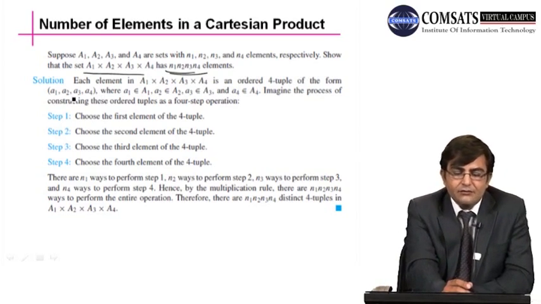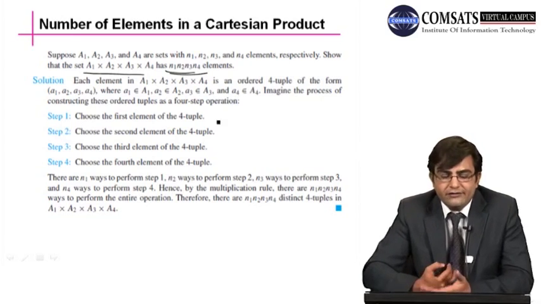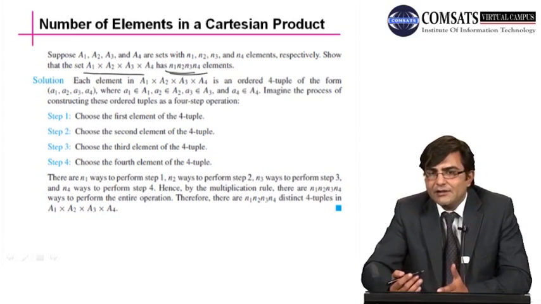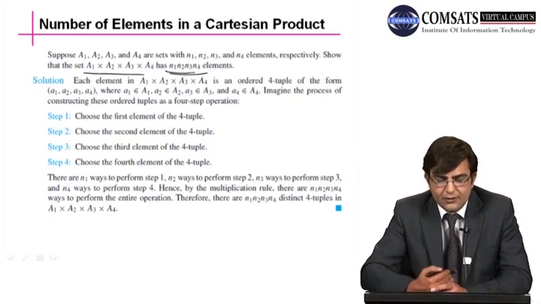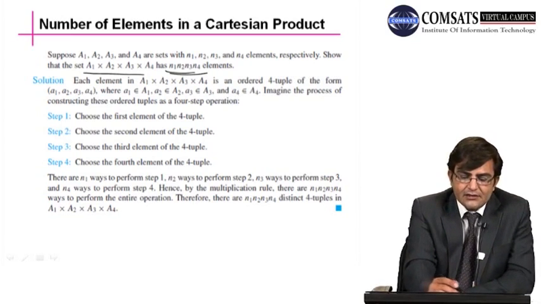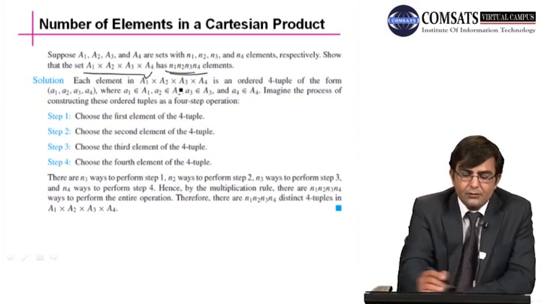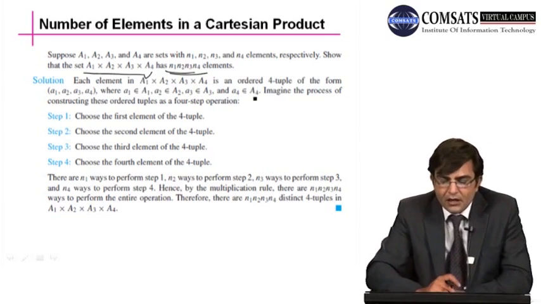If you have three elements we say ordered three tuple, four elements an ordered four tuple, five elements an ordered five tuple, and if we have n elements we say ordered n tuple, where the first element belongs to the first set, the second element belongs to the second set, the third to the third set, and the fourth to the fourth set.